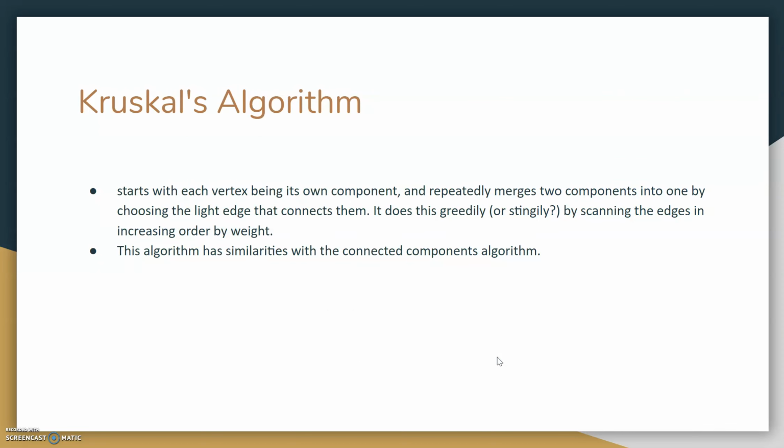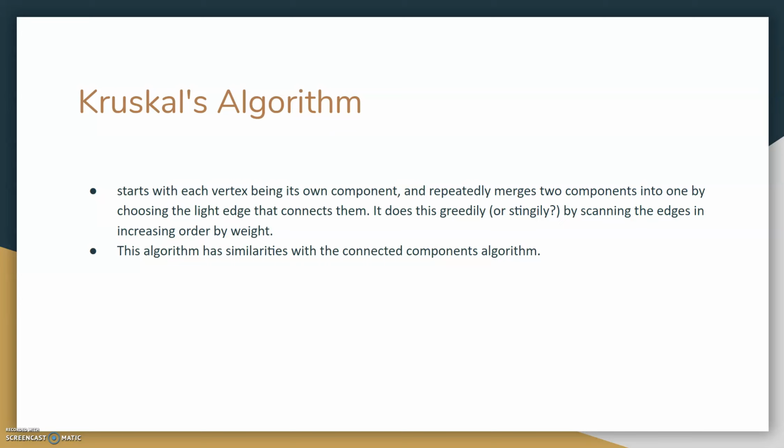For this kind of tree, there are two algorithms. The first one is Kruskal's algorithm. This algorithm starts with each vertex being its own component, and you repeatedly merge two components into one by choosing the light edge that connects them, and it does this greedily. Greedily means from top to bottom, top down.